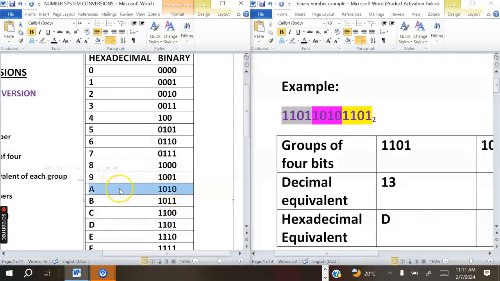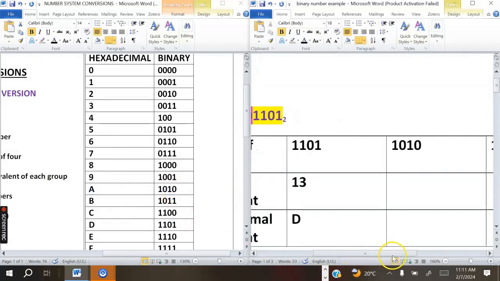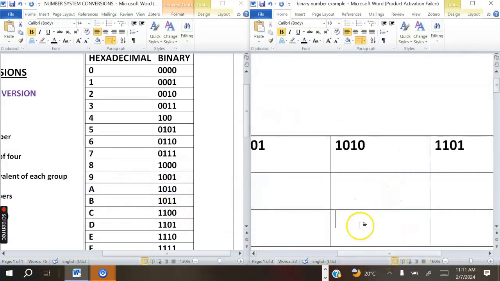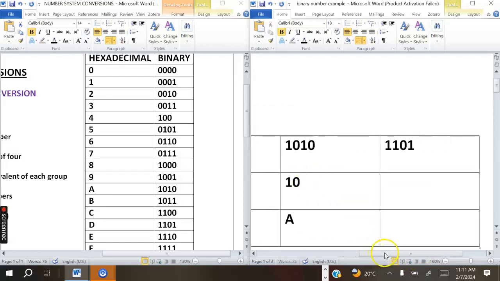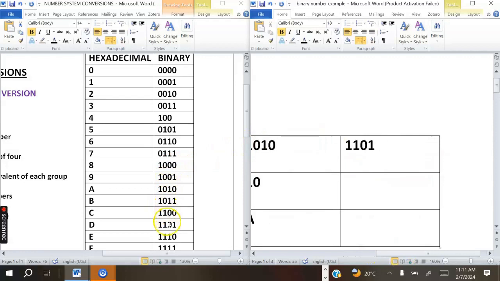If you look at the hexadecimal to binary, it's supposed to give us a value of A. So this one is supposed to be A. A is equivalent to 10, while 1101 is supposed to give us a value of 13, the decimal, which is equivalent to D.